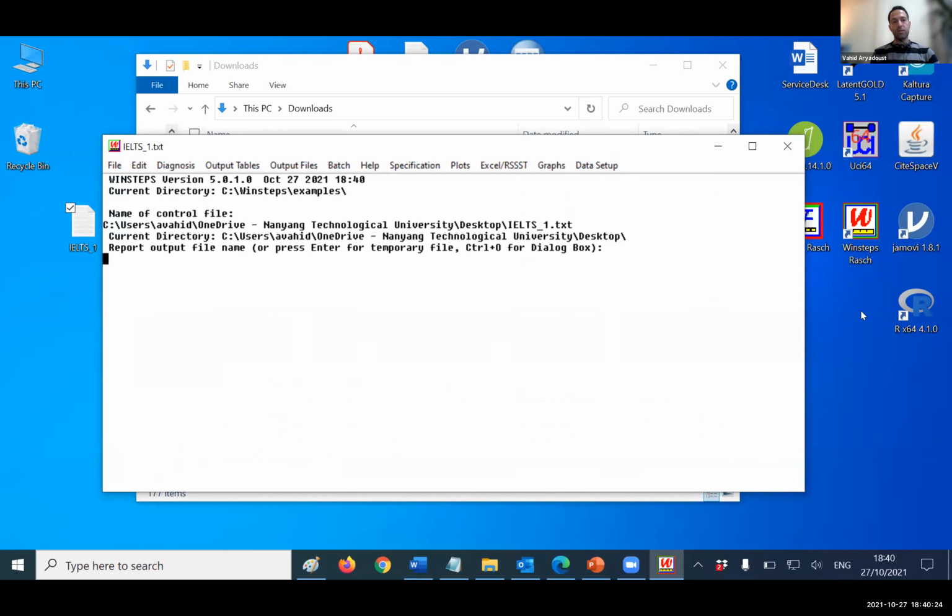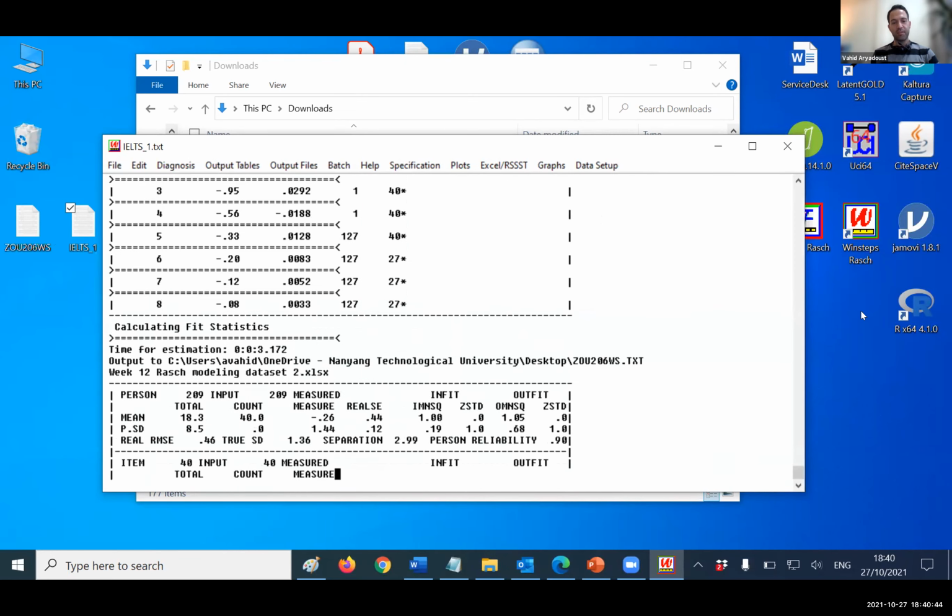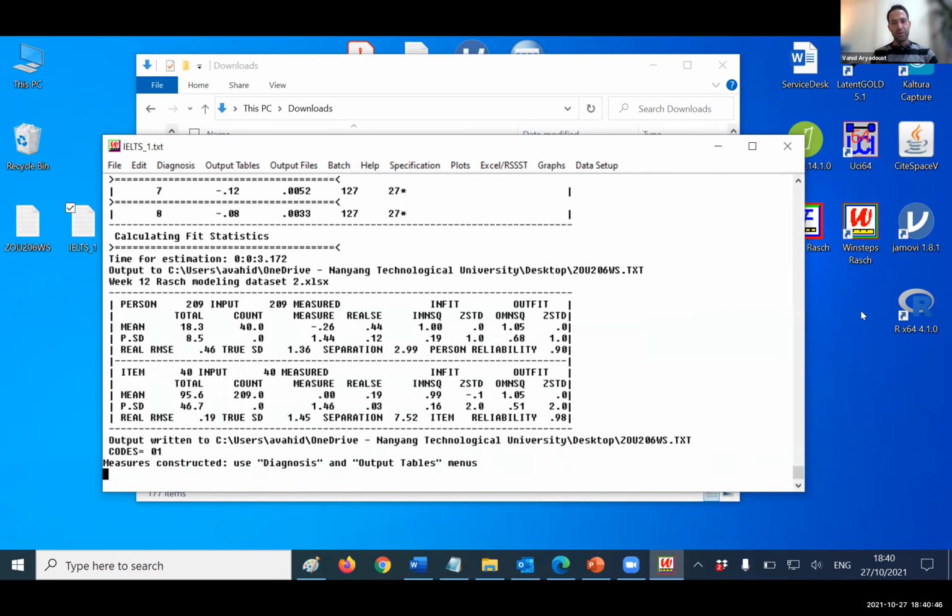Drag and drop it into WinSteps. Okay. I think probably you have done that by now. Now, what we need to do is press Enter once and press Enter for the second time. The magic is happening. There we go.